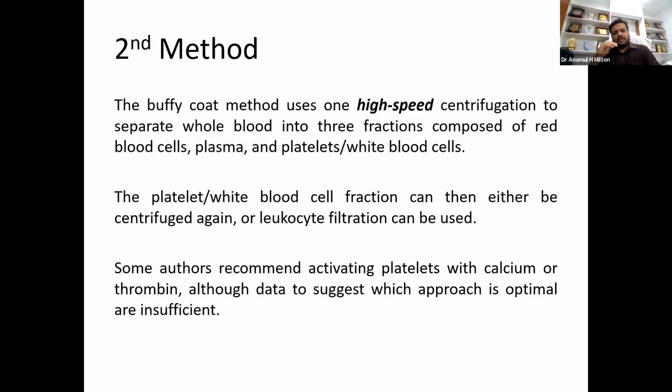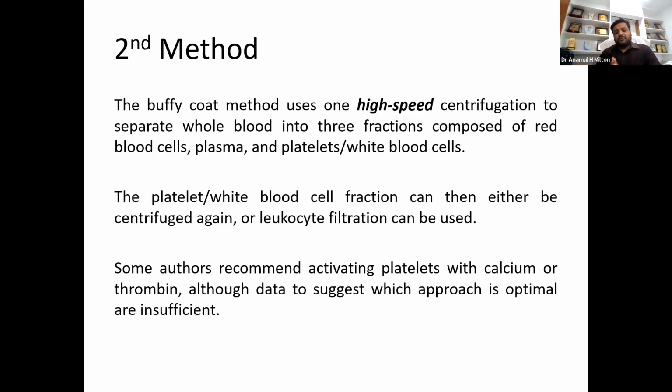But usually with the naked eye, it is very difficult to differentiate. So in our practice, we take 3 to 5 millimeters above the RBC and collect around 2 to 4 ml of the plasma.